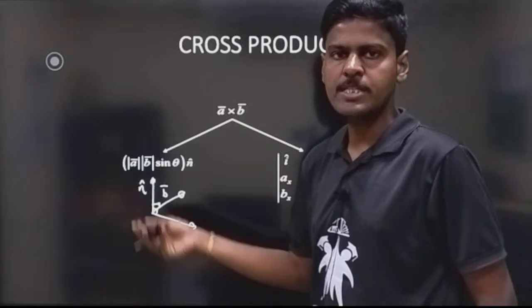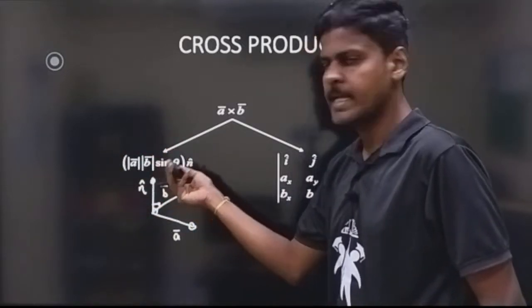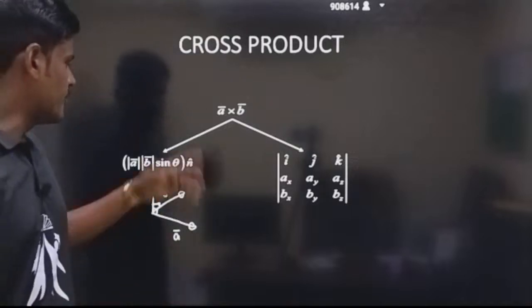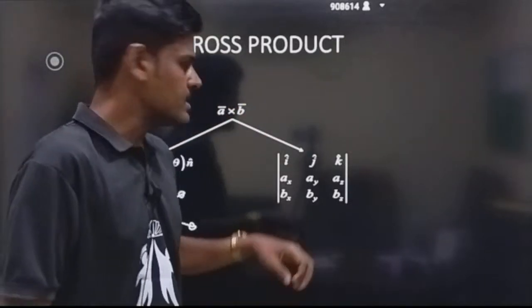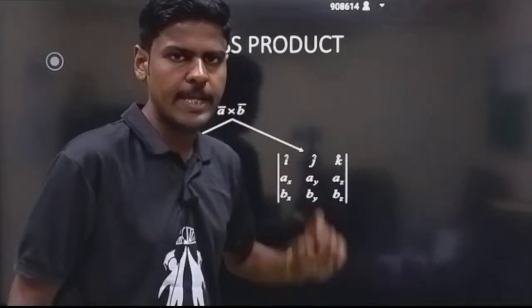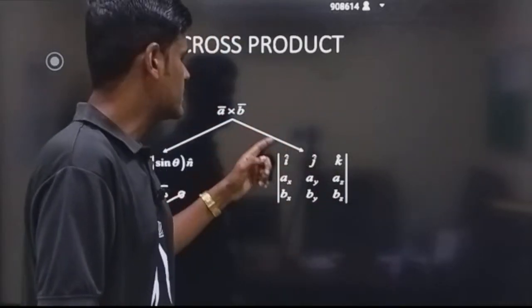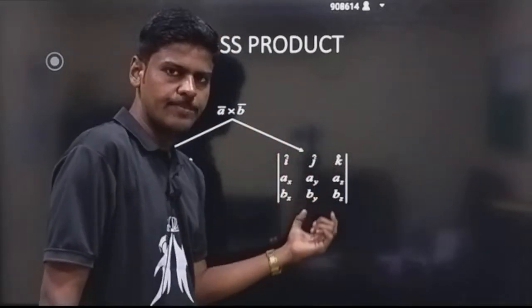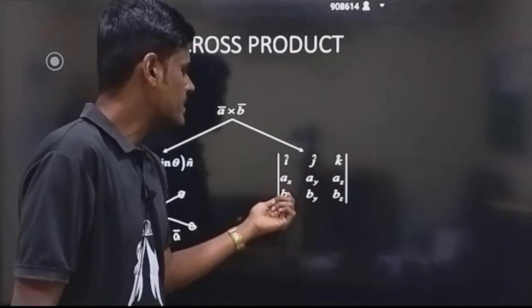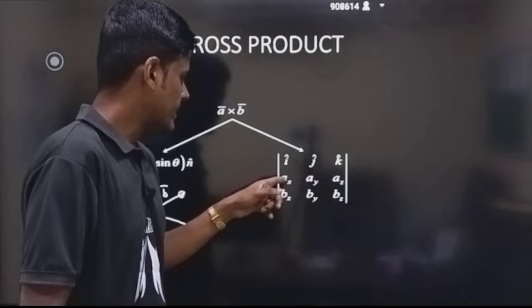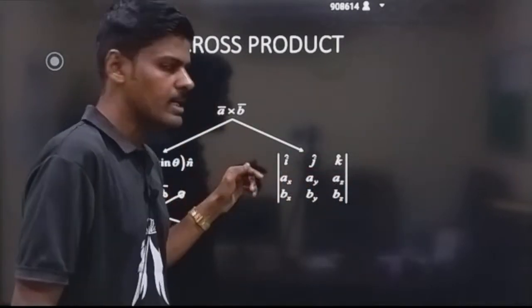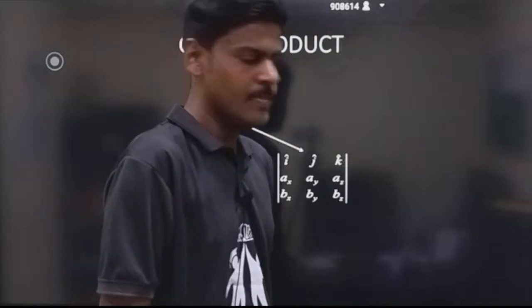A cross B is defined as modulus A modulus B sin theta into n cap. And this is also given by, if you know the components of these vectors, that is the ijk components of A and B vectors, then we can write this vector as the determinant of i, j, k; ax, ay, az; bx, by, bz, where ax, ay, az are the corresponding components of A vector in x, y and z direction.